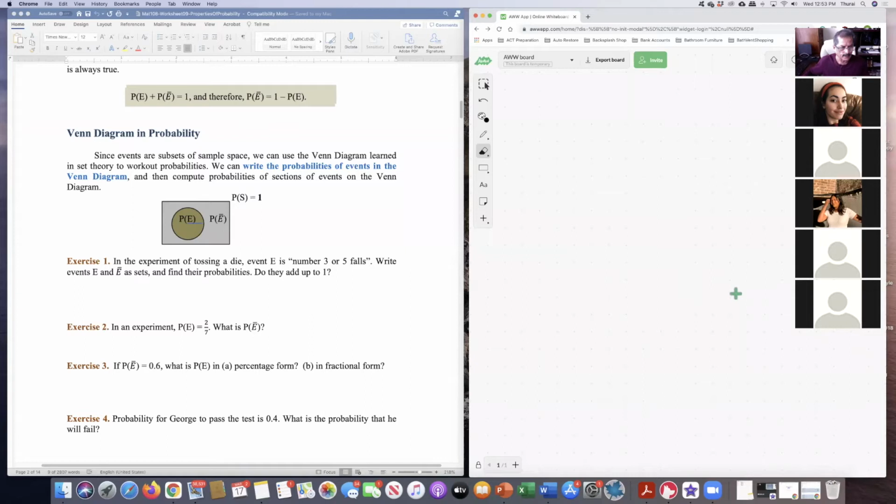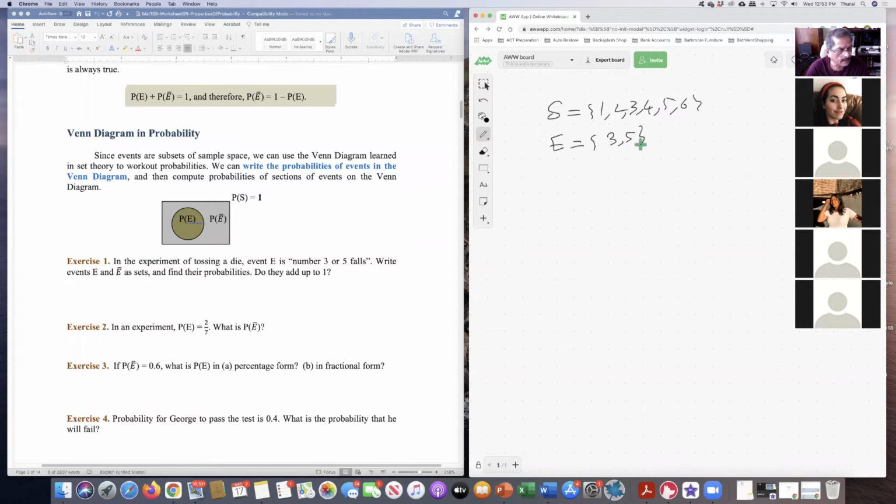That would be the sample space, you're saying. Okay. The event consists of 3 and 5. Yes, you're right. The sample space is going to be 1, 2, 3, 4, 5, 6. And the event E given here is 3 and 5, so 3 and 5 are going to be in that event.